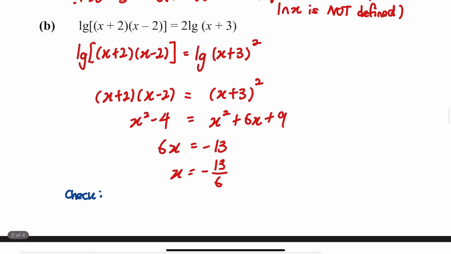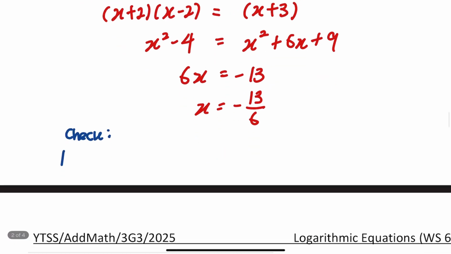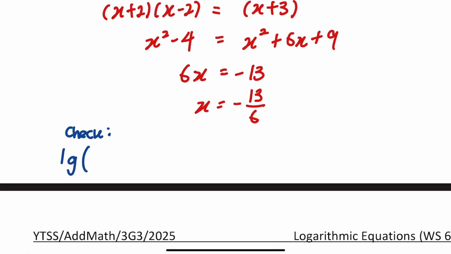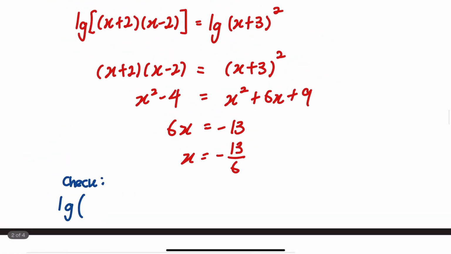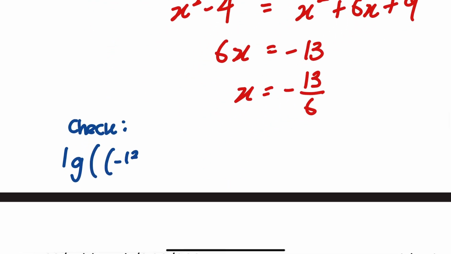Over here, x plus 2 times x minus 2 can be simplified to x squared minus 4. So this just means that negative 13 over 6 squared minus 4 is valid.